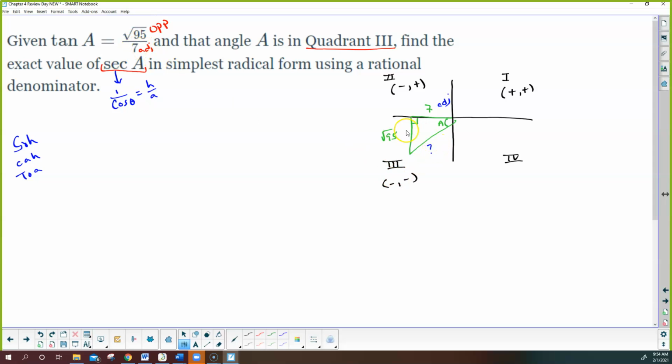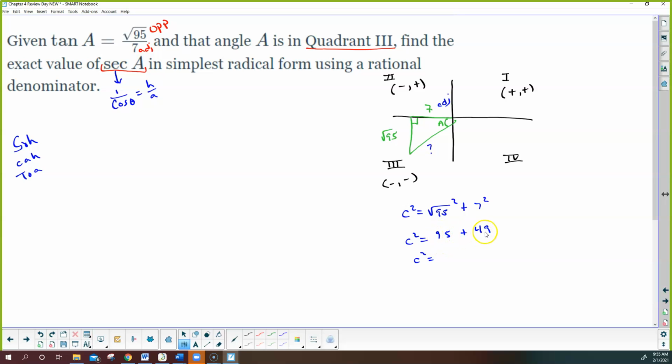I need the hypotenuse, so I have to do Pythagorean theorem here. And the nice thing is the square root and the squared cancel out. We get 49. And they do say write it in simplest radical form.